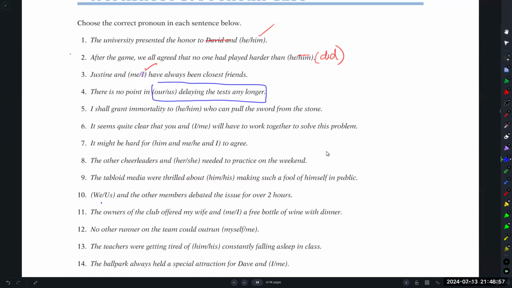In our delaying the test any longer. R is the right one, not us. It has to be the object case.